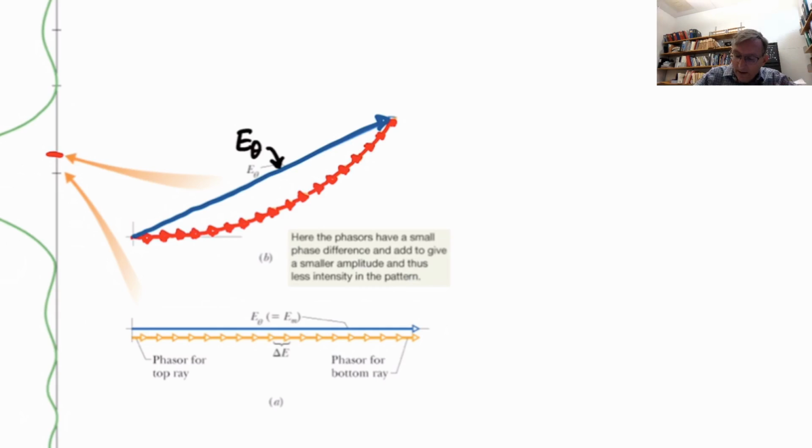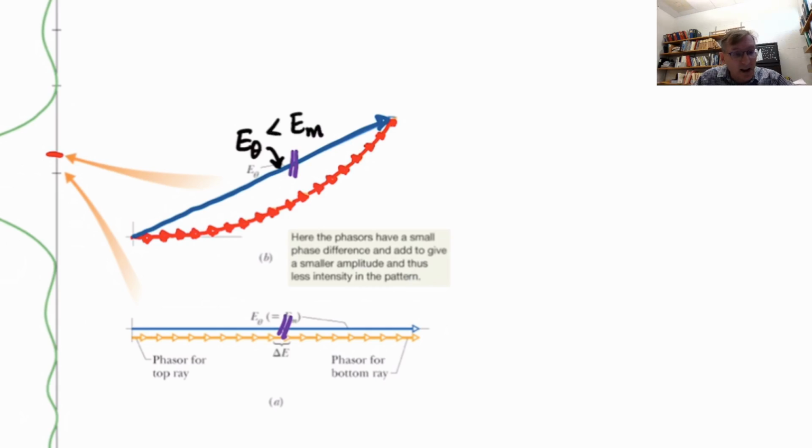And I think it's pretty clear that this length here is smaller than this length down here. Because those phasors curve up a bit instead of going straight across. And so when you sum them, you don't get quite as long a vector as you did in the E max case. So this E theta is less than E max in this case.